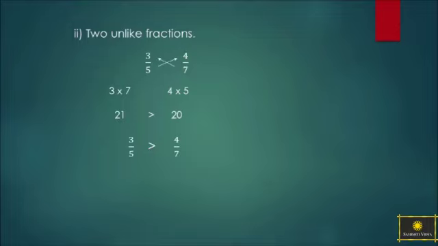Then we need to compare with the denominator of the first fraction multiplied by the numerator of the second fraction. That is 4 into 5. 4 5s are 20. So 21 is greater than 20. That means the first fraction, that is 3 divided by 5, is greater than the second fraction, that is 4 divided by 7.